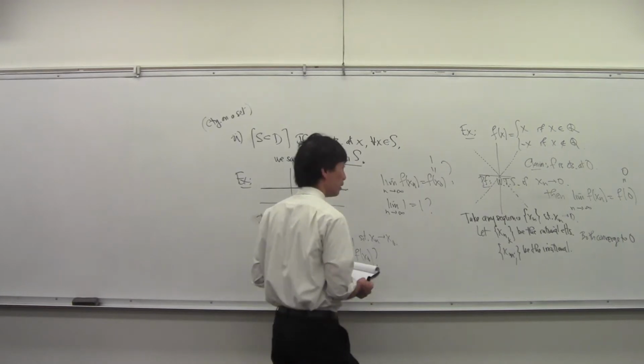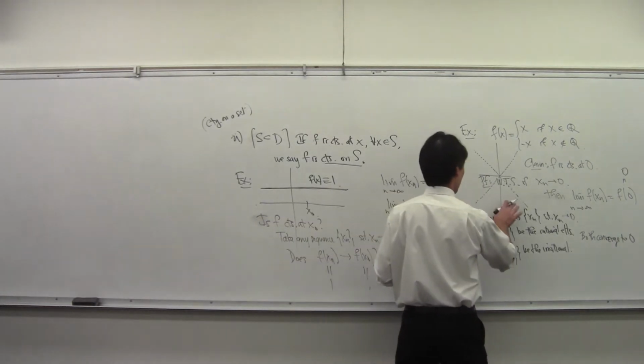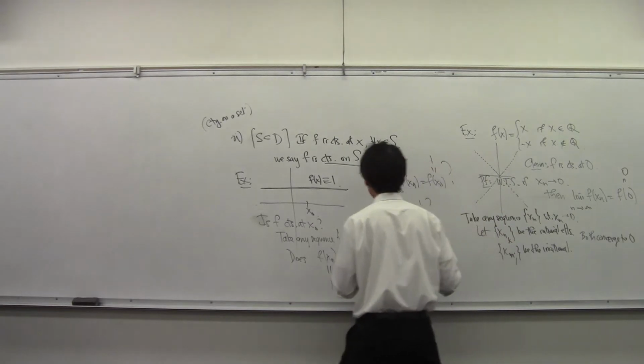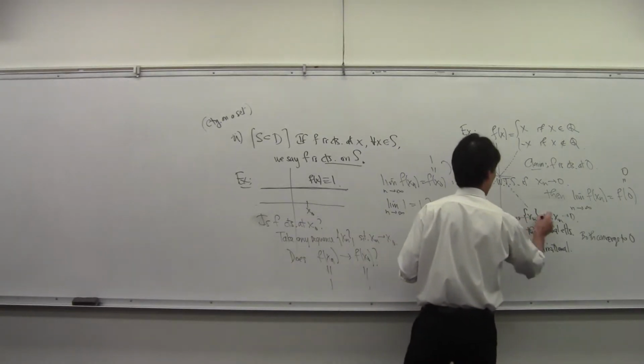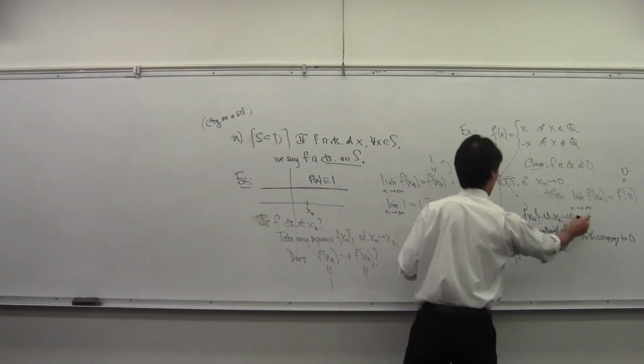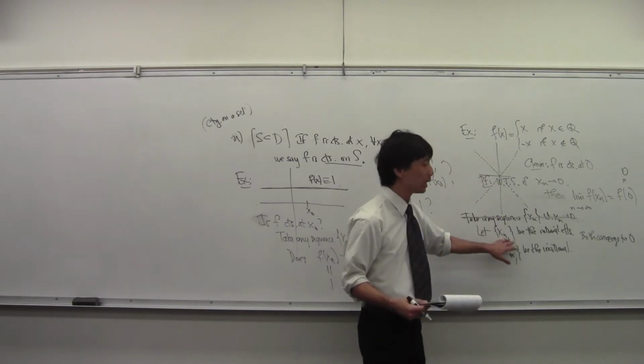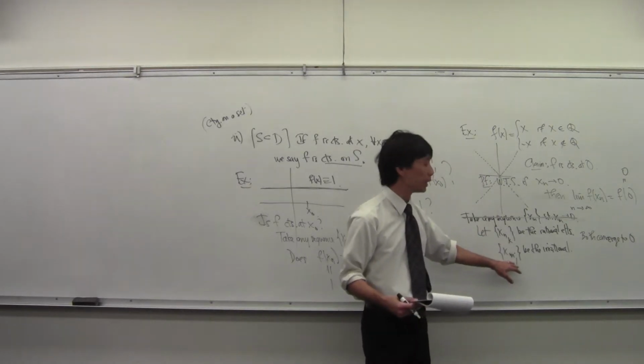Okay, so now that I'm putting it all together, I don't need to say this because I've already written it. Let this be the rational ones, and let these be the irrational ones.